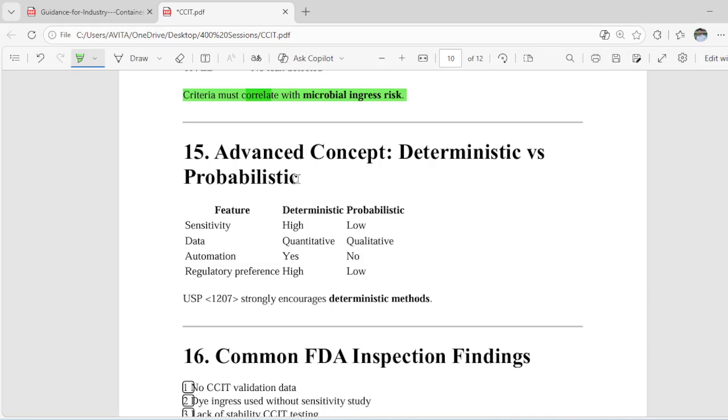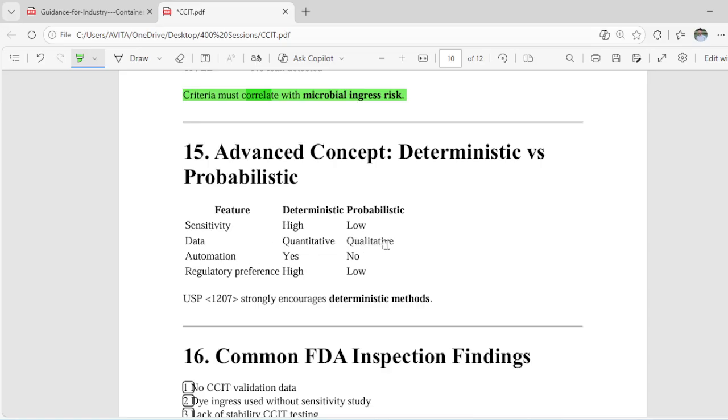Then we have advanced concepts like deterministic versus probabilistic methods. If we talk about sensitivity, then deterministic methods are very highly sensitive. These are modern, but probabilistic methods, obviously, have low sensitivity. Data: deterministic data is quantitative, probabilistic is qualitative.